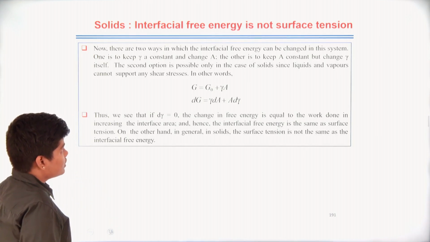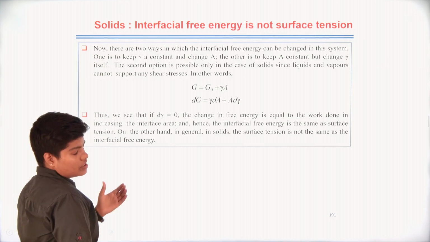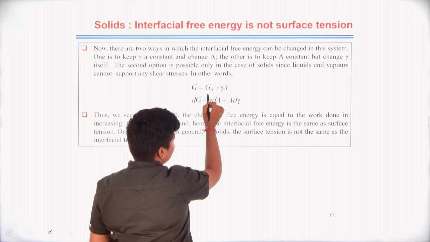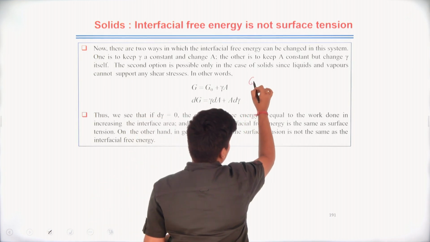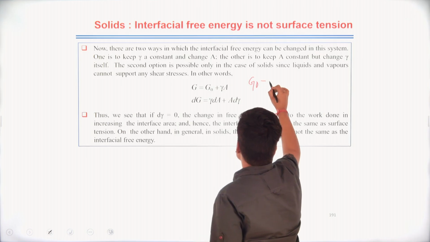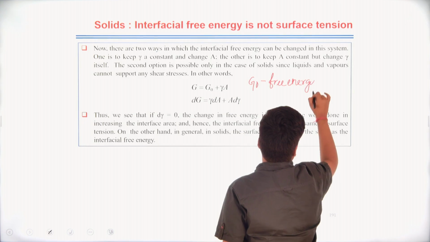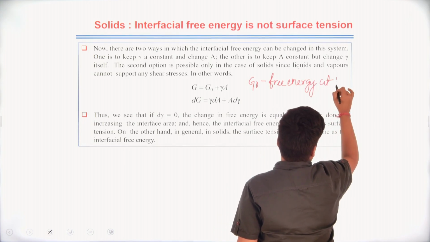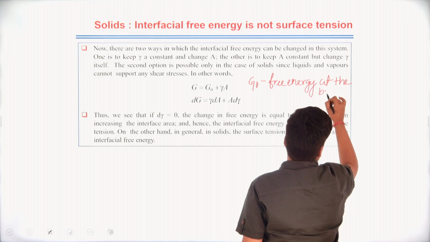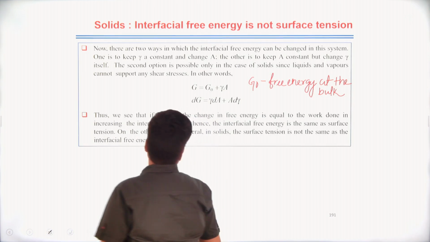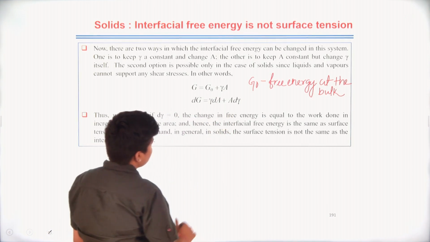Now there are two ways in which the interfacial free energy can be changed. Here G naught is the free energy of the bulk, gamma is the interfacial energy and A is the area.